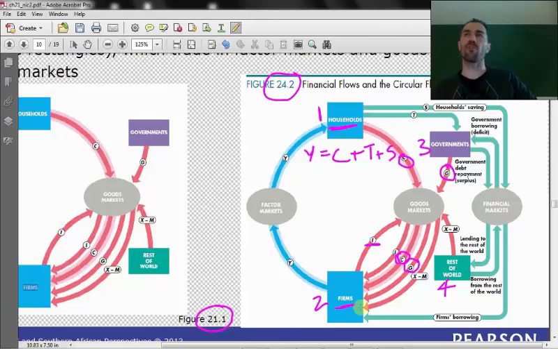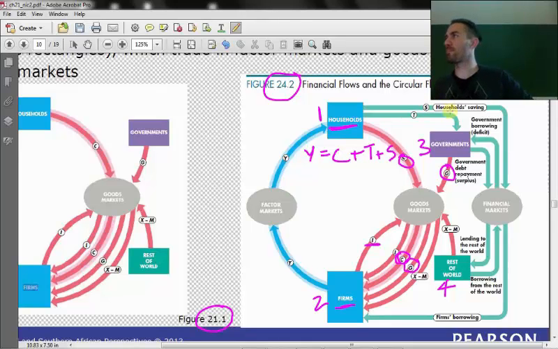So the farmer needs to buy a tractor. The farmer goes to financial markets, borrows money, buys a tractor, uses the tractor to produce carrots, sells the carrots in the goods markets, earns money for selling the carrots, pays back the loan. The loan is the household's savings.